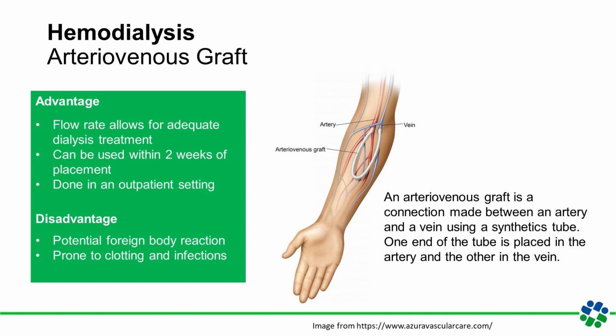Unlike an arteriovenous fistula, which can require many weeks to mature before it can be used, an AV graft can typically be used for dialysis from a day to a week, depending on which type of graft is selected. This swift readiness makes it a beneficial choice when faster access is needed. The procedure is usually done on an outpatient basis and also enables you to return home on the same day.